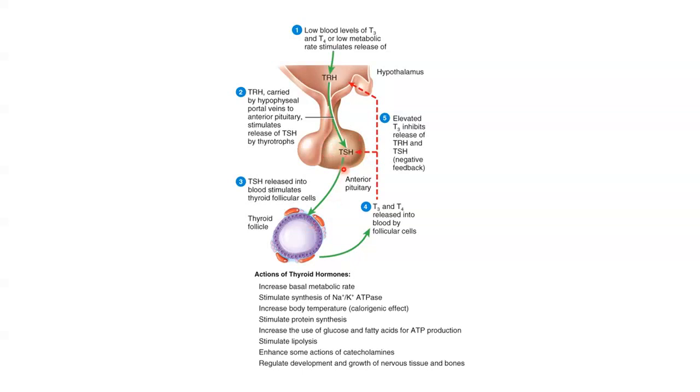This is another tropic hormone that acts on our thyroid gland to produce more thyroid hormones. That increases the amount of T3 and T4 in our blood. This increase then works as a negative feedback loop to not only directly inhibit thyroid stimulating hormone, but also inhibit thyroid releasing hormone, which then inhibits the release of thyroid stimulating hormone.